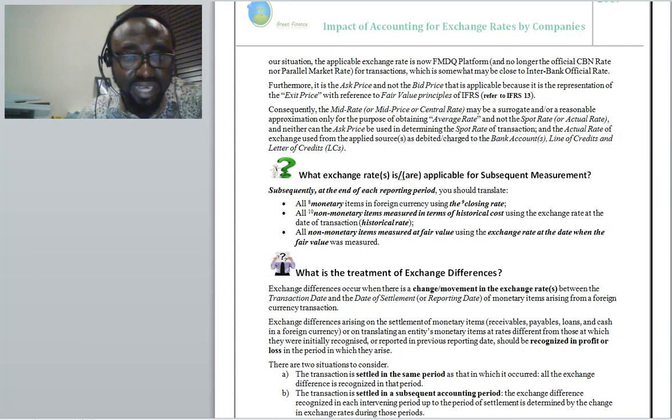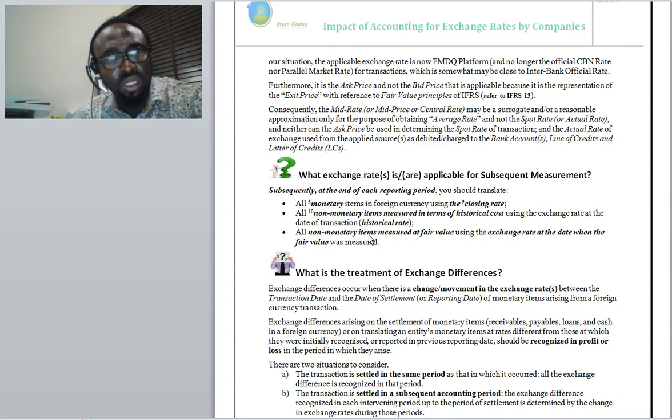Also, all non-monetary items that are measured at fair value will be required to be translated at the closing rates. These are non-monetary items, which might include items of property, plant, and equipment, items of inventory, and some categories of liabilities. Okay, provided they are measured at fair value.